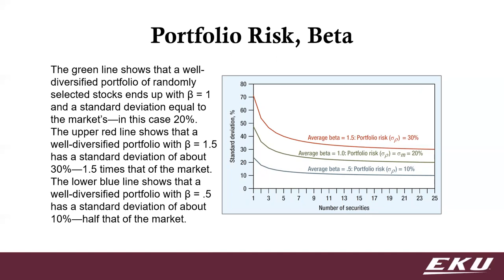And if the beta is 1.5, I have even more risk than the market. And so I'm bearing more risk than just the market portfolio, right? And so even though you're diversifying away your risk, that beta itself is still going to show in that way.